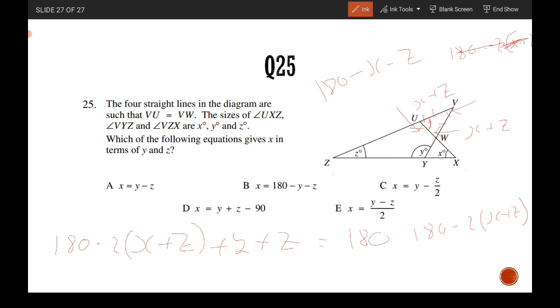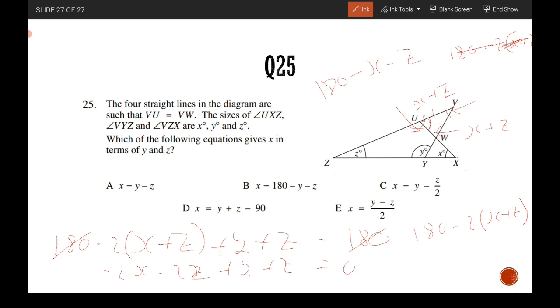Because that's a triangle, we can quickly get rid of the 180s. Multiply out by the minus 2 first. 2x minus 2z plus y plus z equals 0.